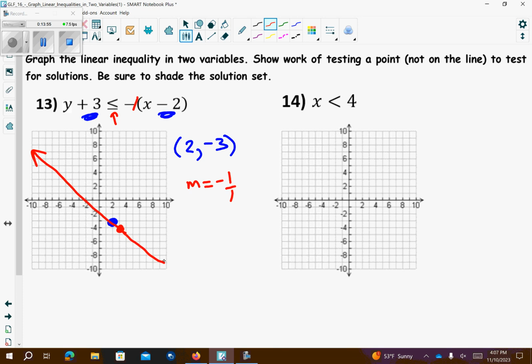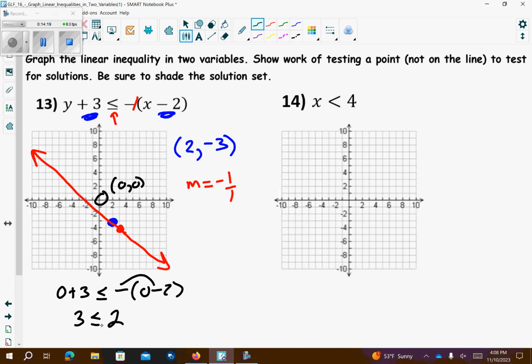So here's my equation, or this is my linear equation. I'm going to try 0, 0. It's on the top of this graph. Plug it in. So I'm going to get 0 plus 3, so y value 0, is less than or equal to negative 0 minus 2. 0 plus 3 is 3. 0 minus 2 is negative 2. Negative times negative 2 is positive 2.